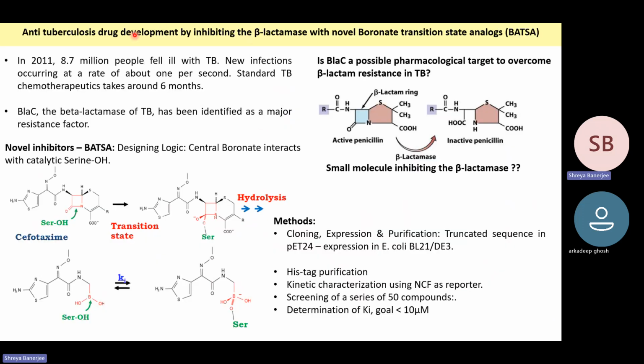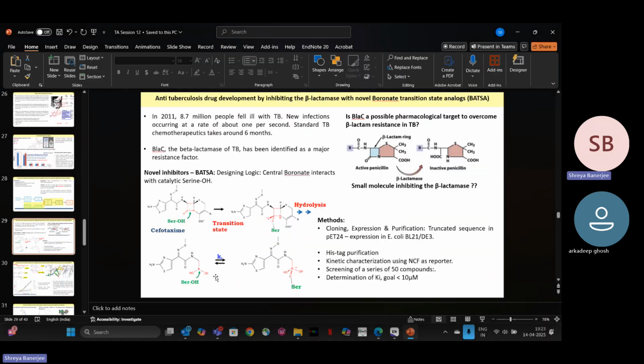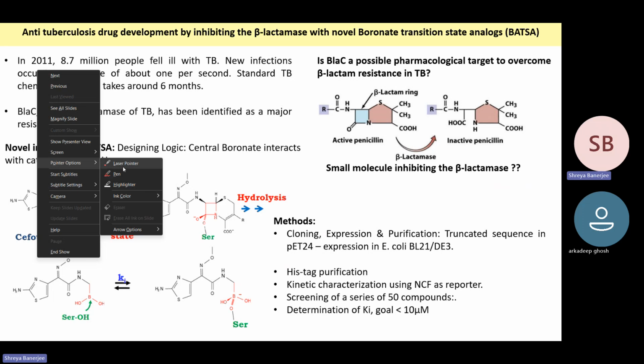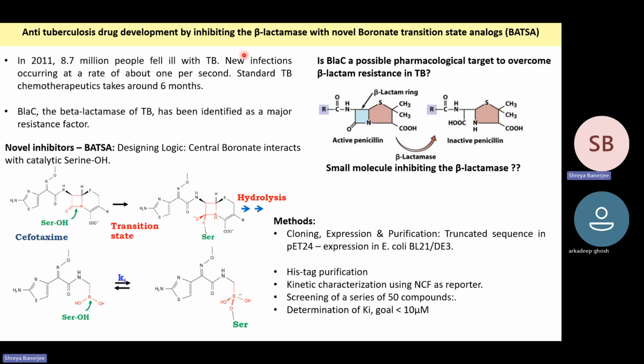So there is this anti-tuberculosis drug, which is developed by inhibiting beta-lactamase by a novel boronate transition state analog called BATSA. In 2011, 8.7 million people fell ill with tuberculosis, and new infections happen very fast.